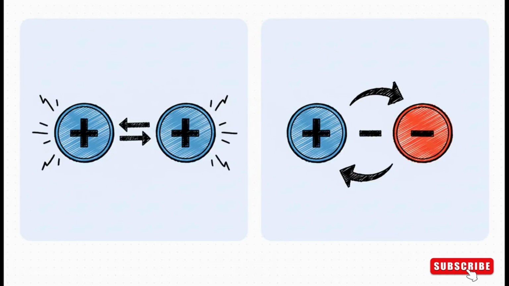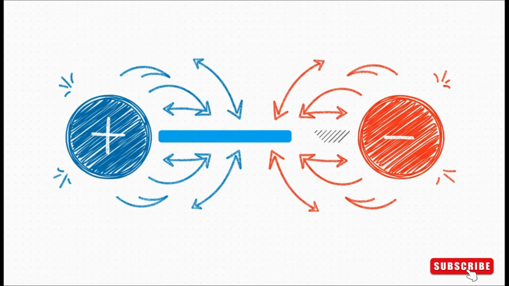If the charges are the same, like two positives or two negatives, they push each other away, they repel. But what about opposite charges? Well, they do the exact opposite. They attract, they pull towards each other. And here you can see that idea in action, right? You have a positive charge and a negative charge, and they feel this force, this constant pull drawing them closer. It's a really simple idea, but trust me, it is the foundation for absolutely everything we're going to get into.